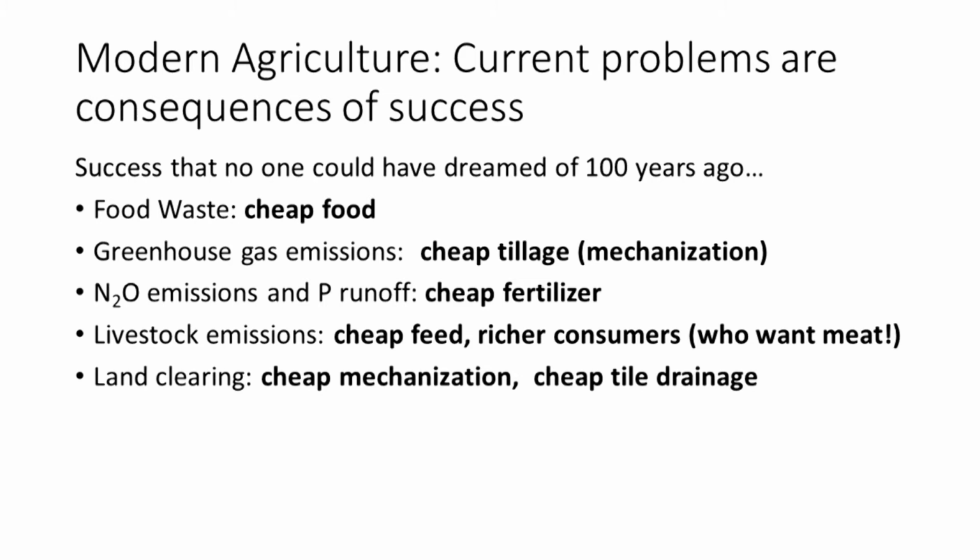We have nutrient pollution. Nitrous oxide emissions, a potent greenhouse gas we're going to talk about. We have phosphorus runoff into the Great Lakes. This is a problem I'm sure you're aware. This is a consequence of the massive success humanity's had in making plant nutrients available. Right? Look, cheap fertilizer, yes, it goes up and down in price based on market swings and whatnot, but there was no fertilizer around 300 years ago.